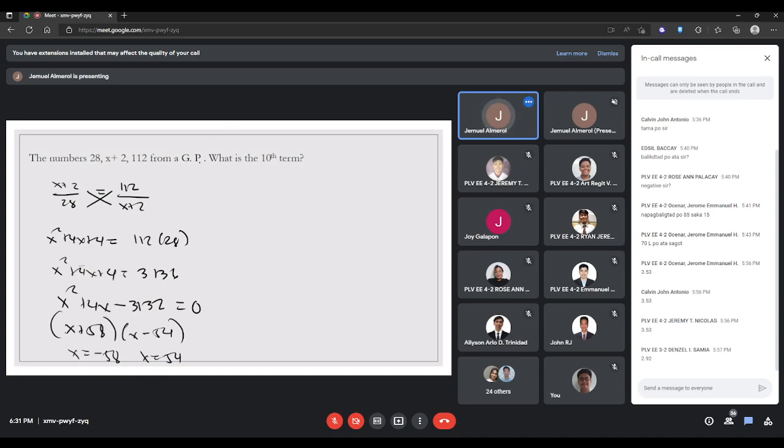So our r would be equal to, substitute na lang dito, no? 54 plus 2 over 28, that would be 56 over 28 is 2. Susubukan nyo yung negative 58 plus 2 over 28, yun yung sinasabi ko, negative 2. Diba? Negative 2. So that, yung ating 10th term, a sub 10 is equal to a sub 1 r raised to 10 minus 1.